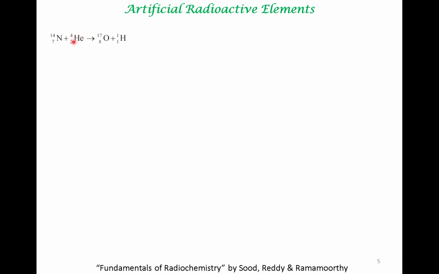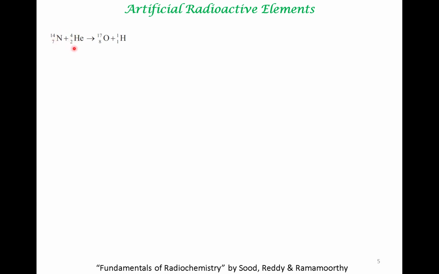And if you have a charged particle, it can be accelerated in an electric field. Therefore, there are ways of increasing the energy of an alpha particle. In addition, an alpha particle is a massive particle, not like electrons. So the massiveness helps in breaking up the nucleus.